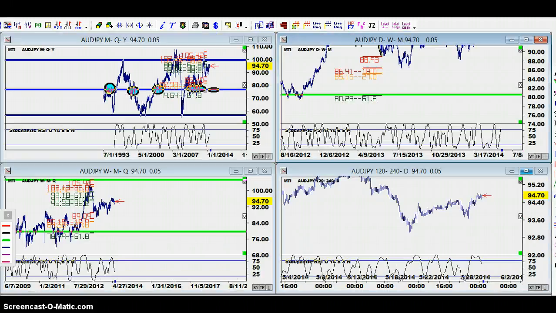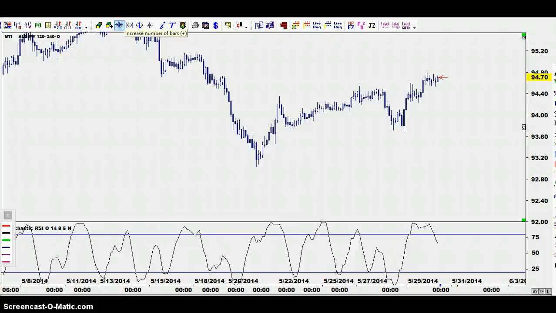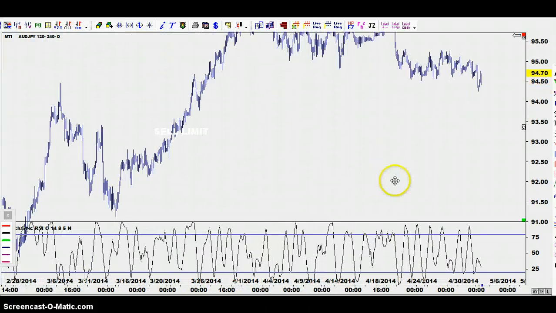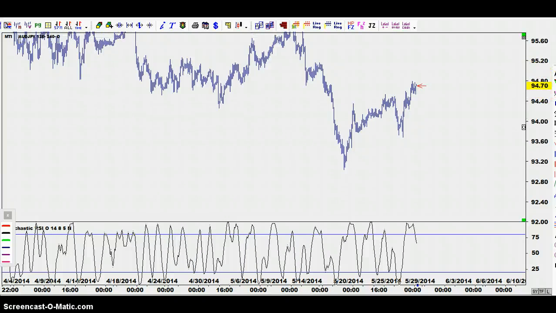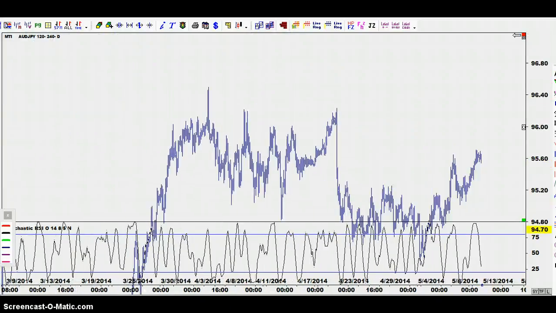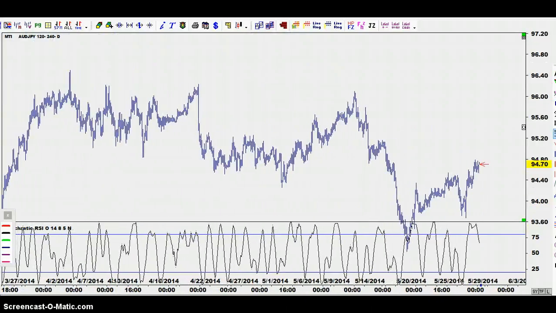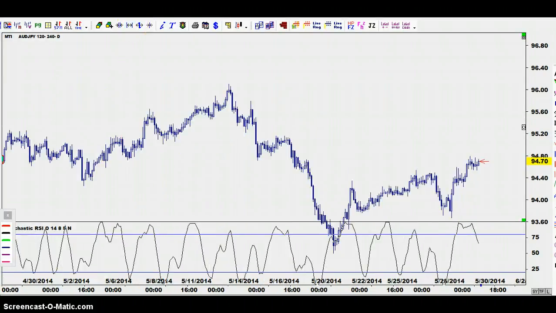We're going down to a 2-hour chart. We're expecting the move down. We're looking at it and we're saying this move is going down. The important thing for you is to make sure that you understand what that means and how you got there.